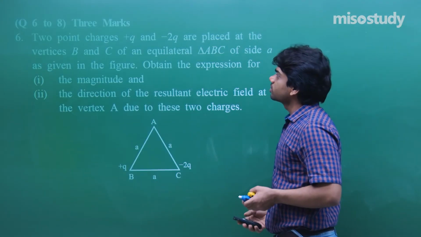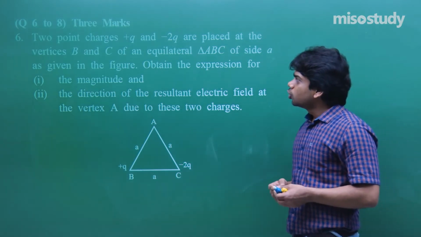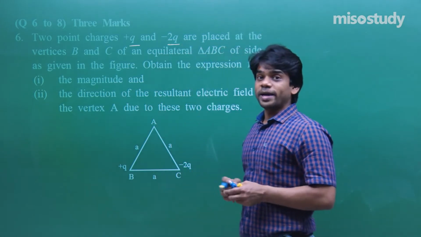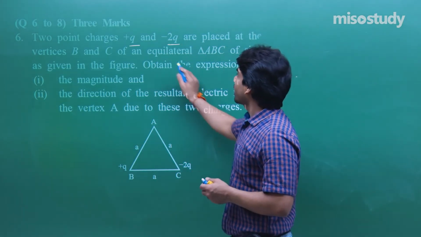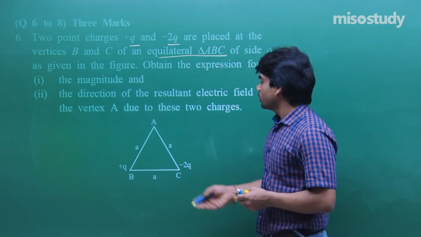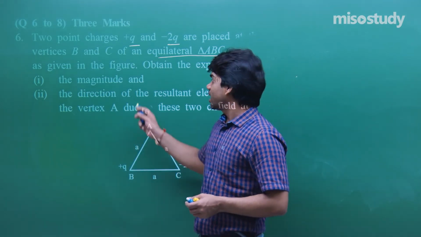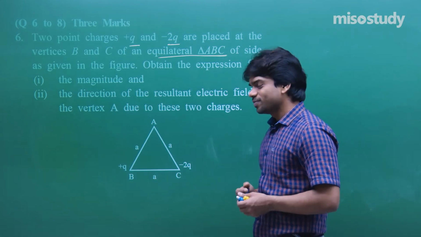Next question comes, 6.1 and 6.7.8 are 3 marks questions. Two point charges plus q and minus 2q, different magnitude charges, are placed at the vertices B and C of an equilateral triangle ABC of side a as shown in figure. You can see here. Obtain the expression for the magnitude and the direction of the resultant electric field at the vertex A due to these two charges.